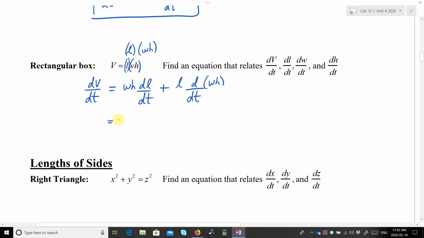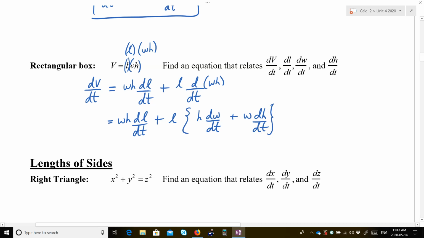So now we're going to have a second line here, plus L. Now for the derivative with respect to time of W times H, we have to do the product rule on that. So we do the derivative of the W part. I'm going to leave H constant and then go dW/dt, plus, then you leave the W constant, the derivative of H is 1, but then dH/dt with respect to time.